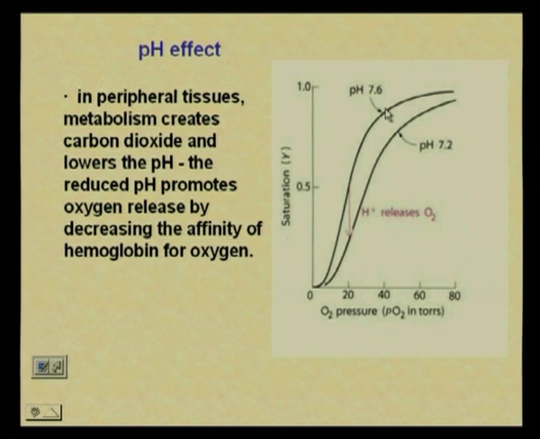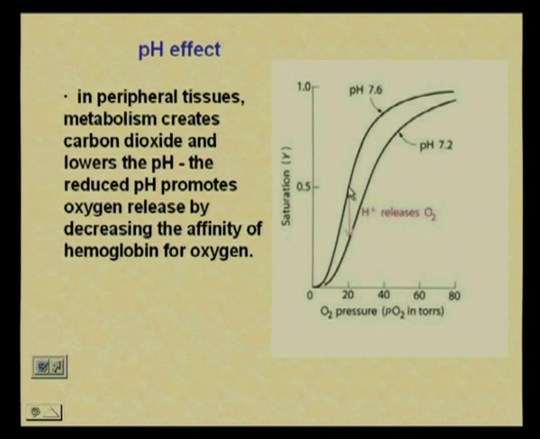As we have the carbon dioxide release, the H plus, what is happening? This lowers the pH. As it lowers the pH, what is going to happen? Say suppose you are at a specific partial pressure of oxygen here, the PO2 say is 20.